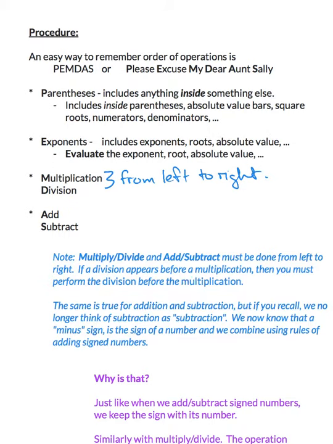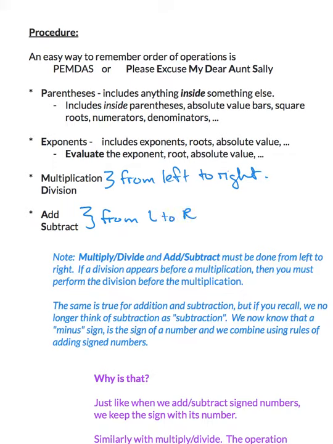Meaning if you have a division that appears before a multiplication, then you must perform the division before the multiplication. We'll talk about this in more detail as far as why is that. Addition and subtraction, you have the same rule. This must also be done from left to right.